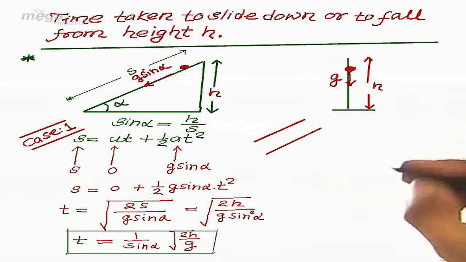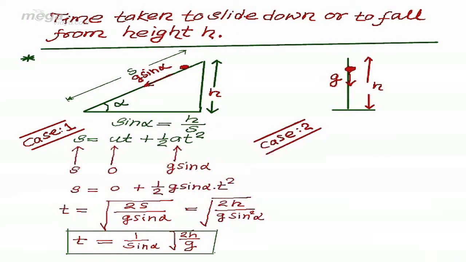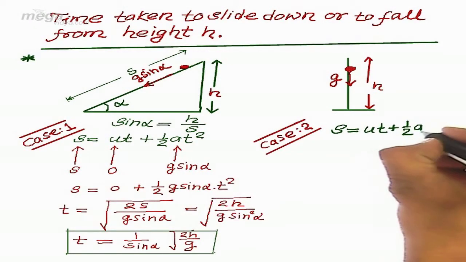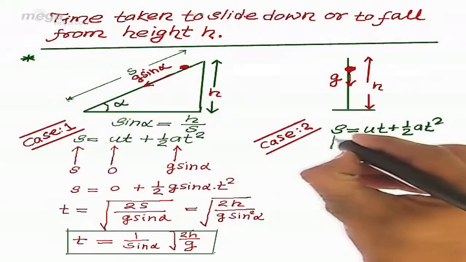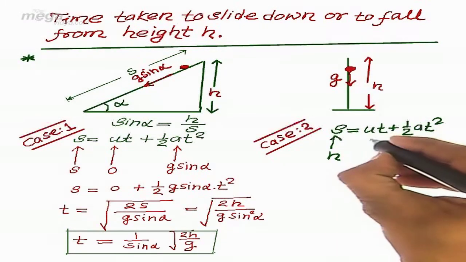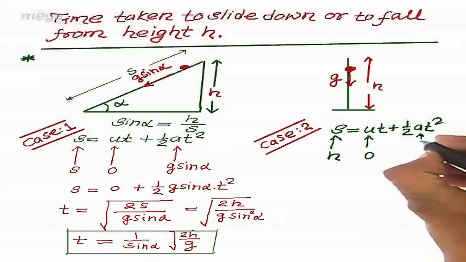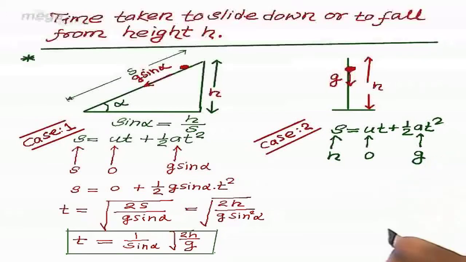Now if we talk about case 2, in which the particle is just falling down under gravity. In this case, using the same equation, s equal to ut plus half at square, we can write displacement s to be h, initial velocity u to be 0, and acceleration to be g, vertically downward.